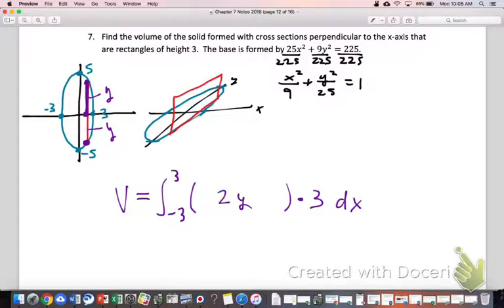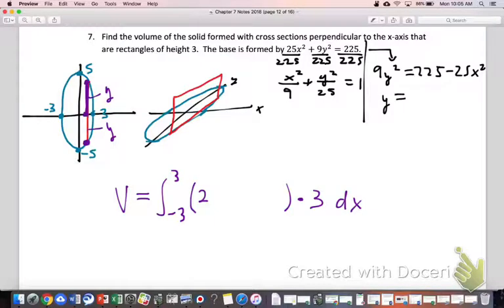But we would not leave it like that simply because it's got to be in terms of x. So I'm going to put 2 times something in terms of x. I can get that by solving for y. So come over here and do that. If I was going to solve for y, it would be 9y squared equals 225 minus 25x squared, dividing by 9.